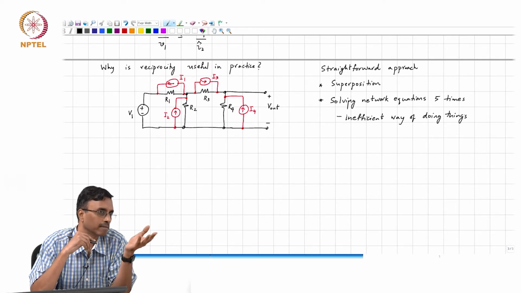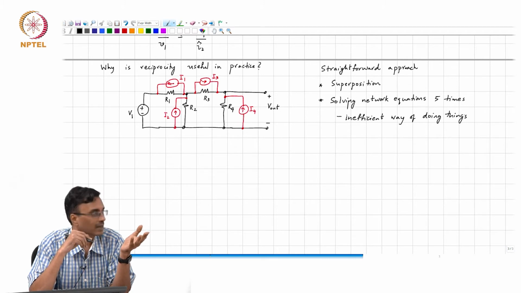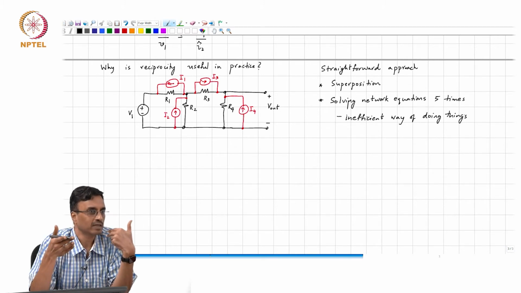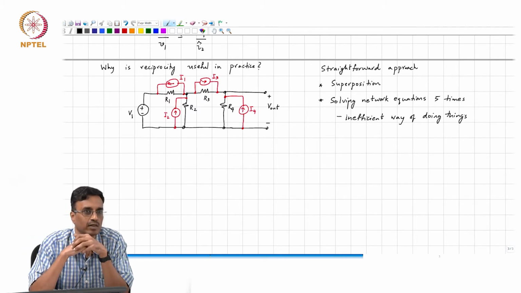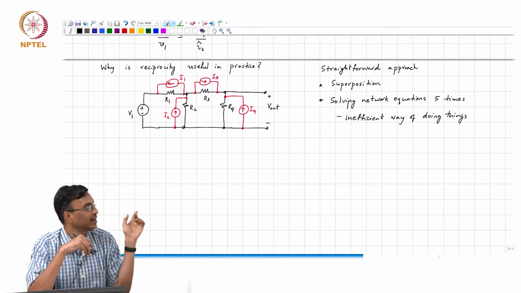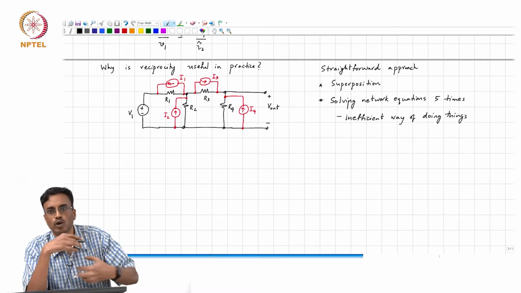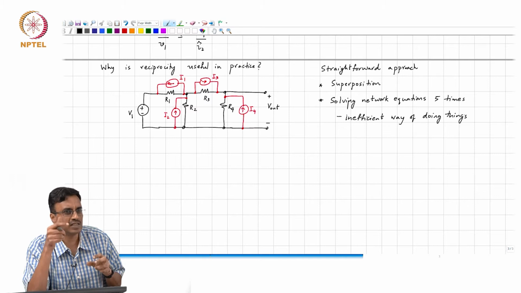What is the mechanics of the process? You write KCL, KVL. If you like mesh analysis, you do mesh analysis. If you like node analysis, you do node analysis. But finally, you will end up doing the same thing over and over again 5 times with only a small change. Correct? Okay.